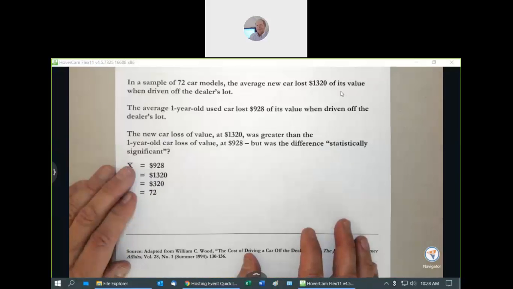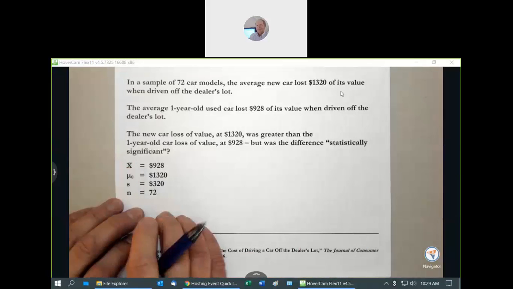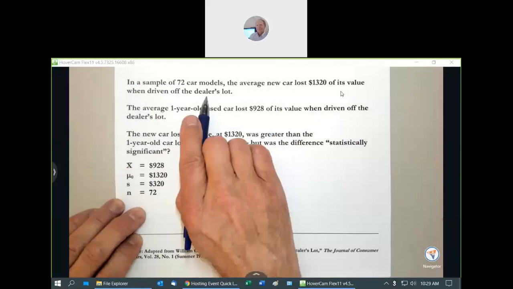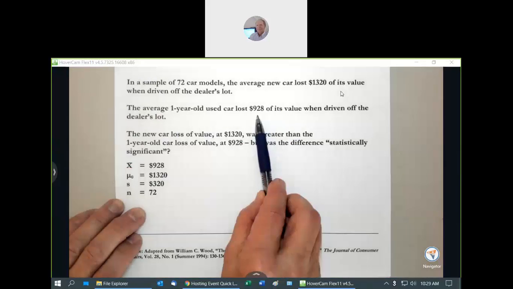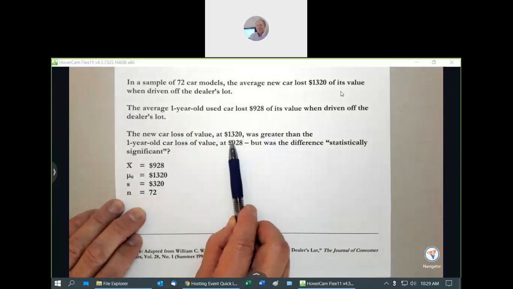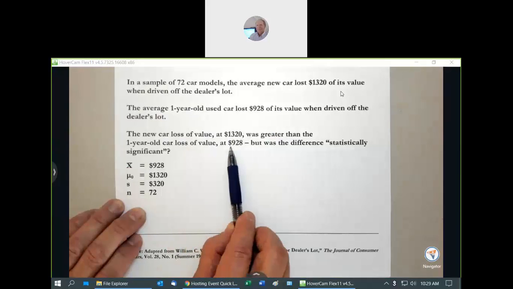It says here, in a sample of 72 car models, the average new car lost $1,320 of its value when driven off the dealer's lot. The average 1-year-old used car lost $928 of its value when driven off the dealer's lot. And so the new car loss of value at $1,320 was greater than the 1-year-old car loss of value at $928.